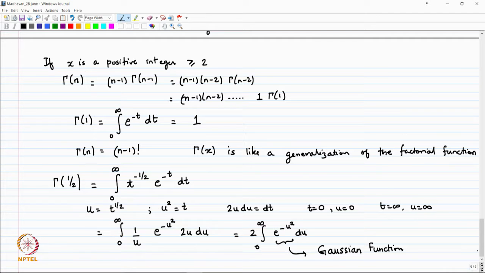It turns out that you can do it by changing to plane polar coordinates, but I won't explicitly do that. I will just tell you the final answer. This will give me root pi. So twice this integral from 0 to infinity will give me exactly root pi. What is important is that the gamma function of half is equal to root pi.